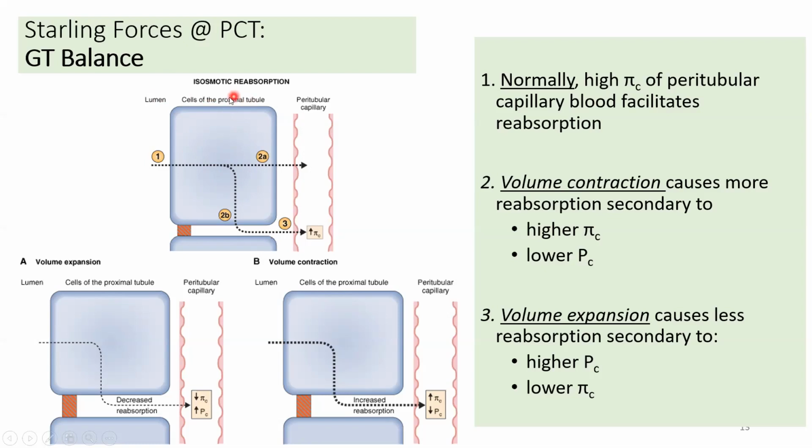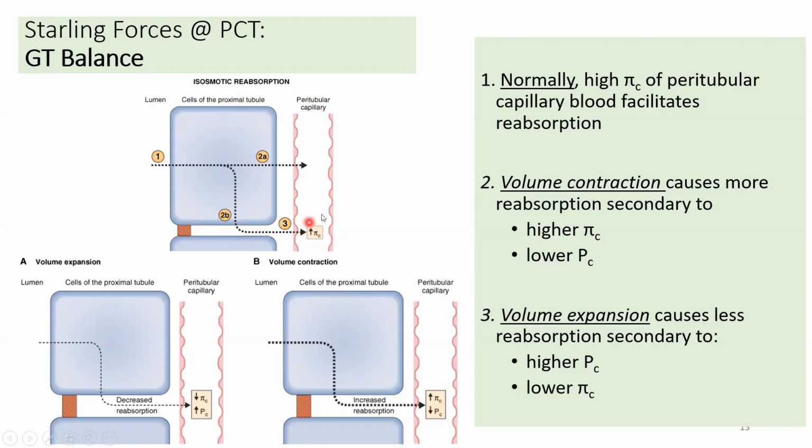So in isoosmotic conditions, when the lumen got its fresh filtrate, and you will now remember we said 20% is the filtration fraction, most of it is reabsorbed. Most of the reabsorption takes place at the PCT, as you can see by these dotted lines. And here, the peritubular capillary.